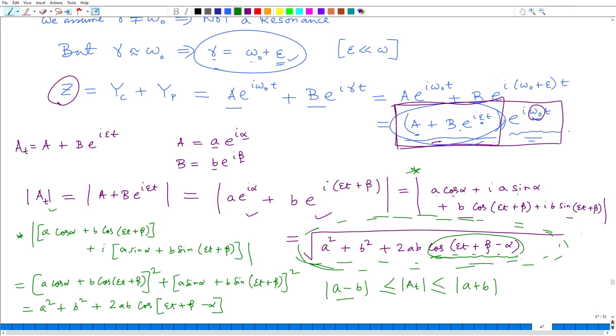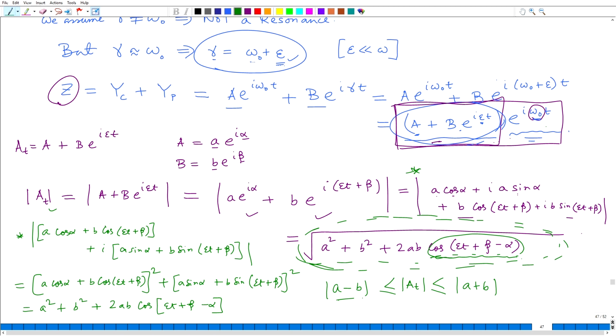Okay. So, finally, you will see that your amplitude is ranging between A minus B and A plus B, and it is also changing as a function of time in a periodic manner, and the phase part is effectively going with the same frequency as that of the natural frequency. Okay.